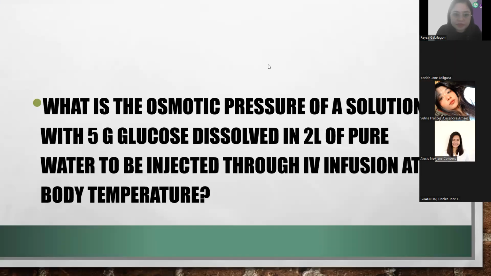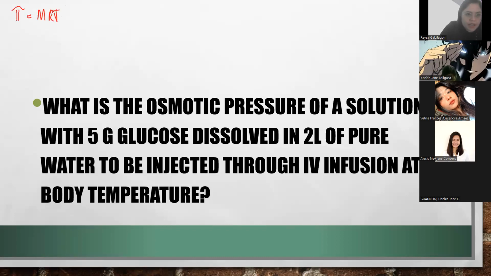Okay, so what is the osmotic pressure daw? Osmotic pressure ang hinahanap ha, of a solution with 5 grams glucose dissolved in 2 liters of pure water to be injected through IV infusion at body temperature. So, we'll go back to our main formula. Pi is equal to MRT. We are looking for the pi class, remember?